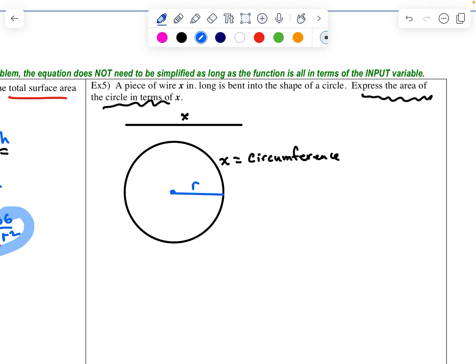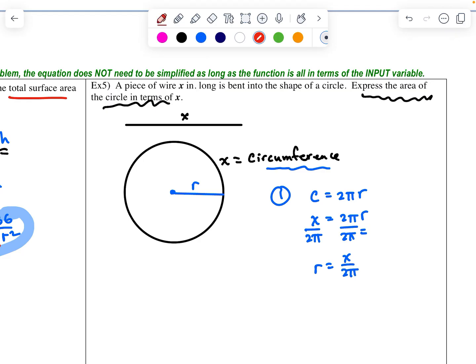We've got a couple of things that we need to have. To start, our first equation, let's start with circumference. Circumference equals 2 pi r, so x equals 2 pi r. I want to solve for r so that I have it in terms of x, which means I'm going to divide by 2 pi. So r equals x over 2 pi.